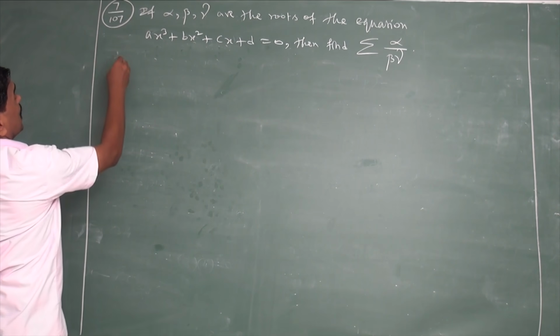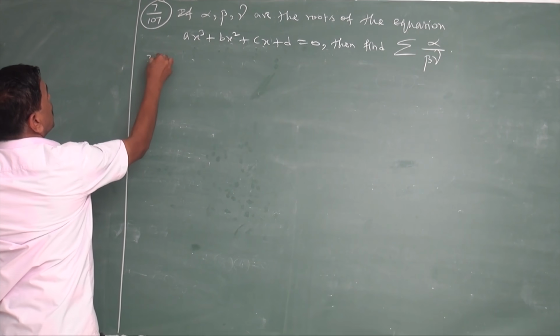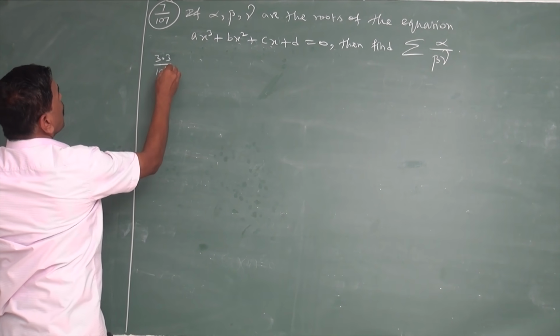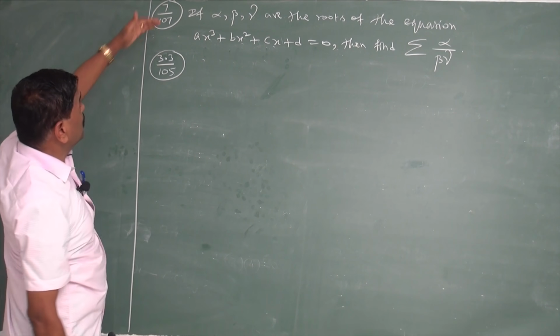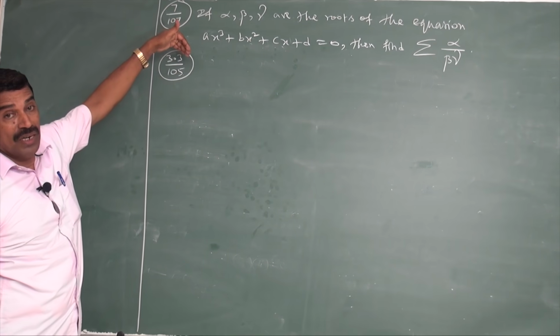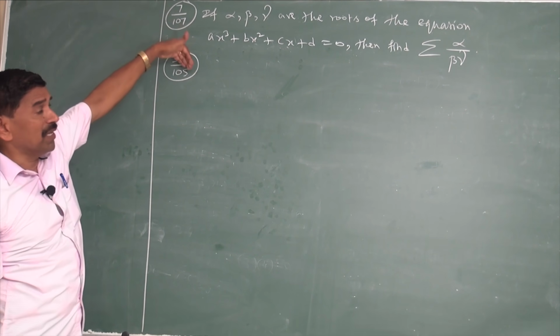Now this question is comparable with example 3.3, page number 105. These two questions we want to learn at a time. If you learn the first one, there is no need to learn the other one because it is a similar question.